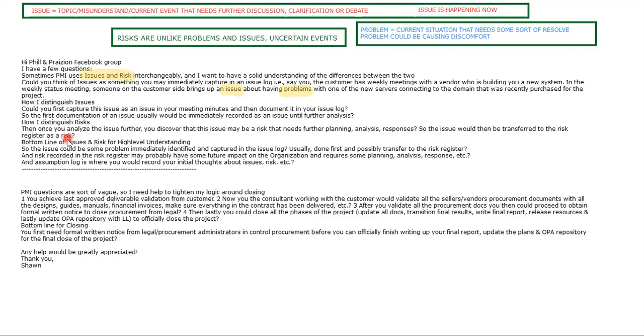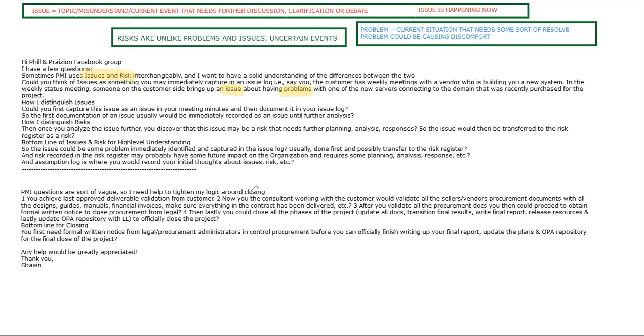How I distinguish risks. Then once you analyze the issue further, you discover that this issue, so this is where I would say, watch the language here. When you have discovered this issue may lead to a risk. So an issue is not a risk, but an issue could lead to a risk.